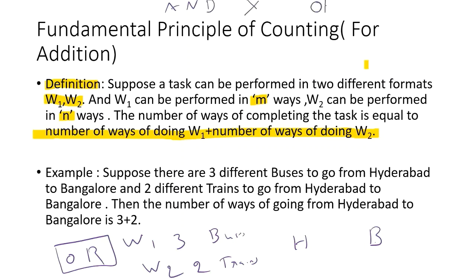Whenever OR comes, we have to perform addition. So this is the basic thing that you should not forget in the entire chapter. If you get messed up with these things, then you cannot arrive at the correct answer.